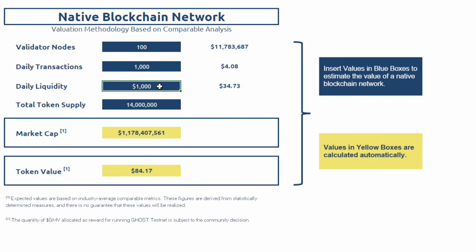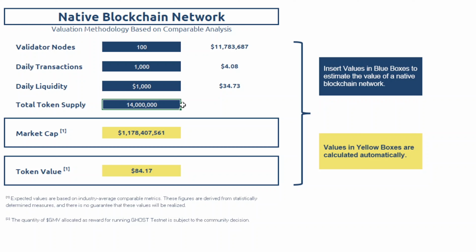And if you assume that the total token supply of the Ghost chain is 14 million Ghosts, then we're looking at a market cap of almost $1.2 billion, with the token value calculated at $84. The way that's calculated is you take the market cap and simply divide it by the total supply. And you can use this model for any blockchain of your choice.